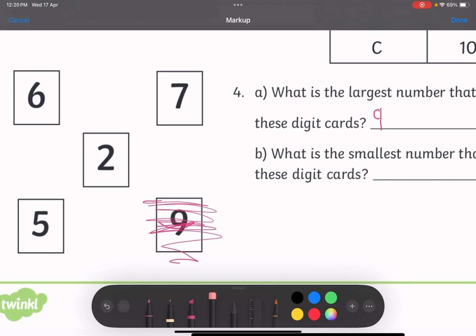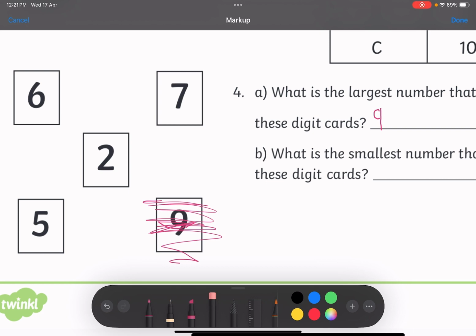Let's say the number was, so you put the biggest number in the first digit, the biggest digit. The biggest number in the biggest digit. Like, what's bigger, 1,000, 100, 10, or 1? 1,000. So put 9 in the thousands column.